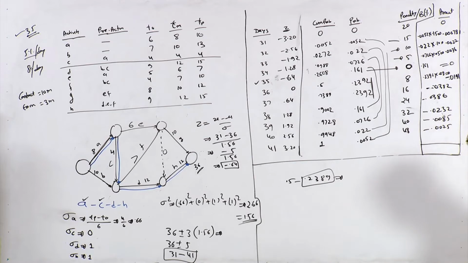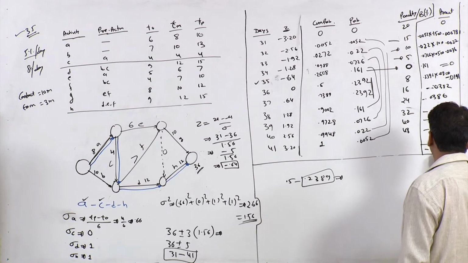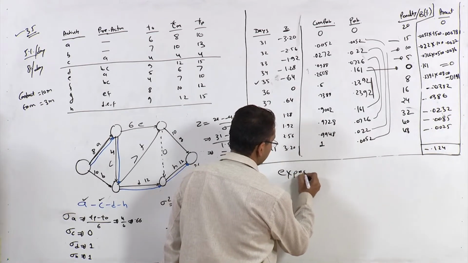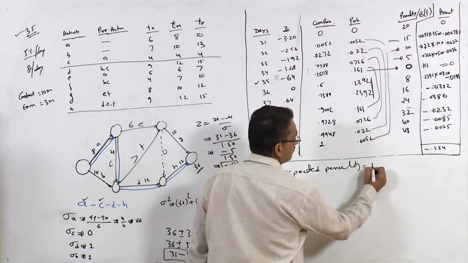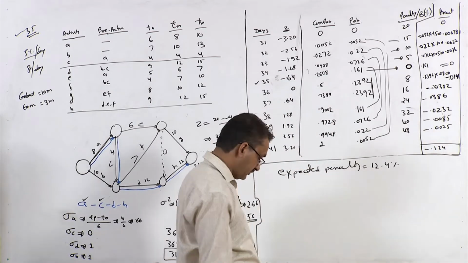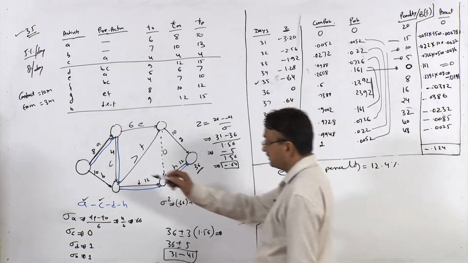So it would be minus 0.124. So expected penalty is 12.4% of this amount.